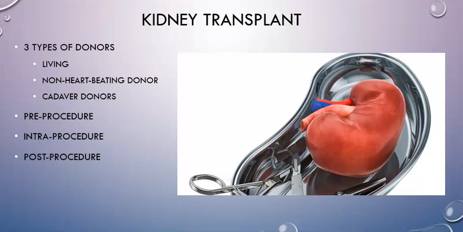The client will have dialysis 24 hours prior to the surgical procedure. This is to help increase the chance of graft survival. Blood from the live kidney donor is often transfused into the client receiving the transplant.